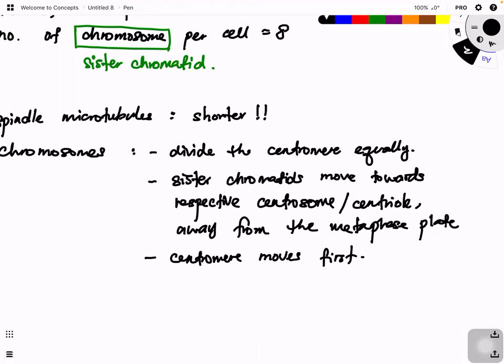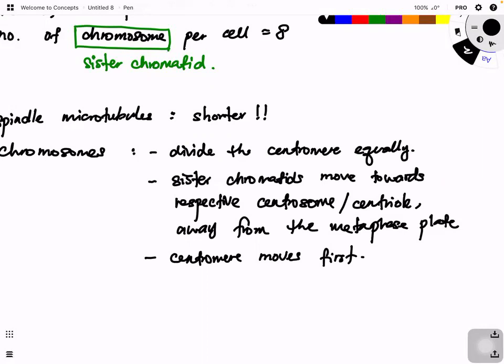Can I have a pencil? Pencil, pen, doesn't matter. Now look at how I'm going to do this. This is a chromosome. One sister chromatid, another sister chromatid. The centromere attaches the two sister chromatids together.